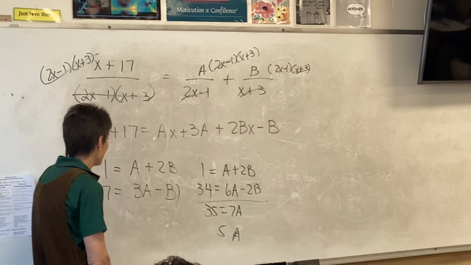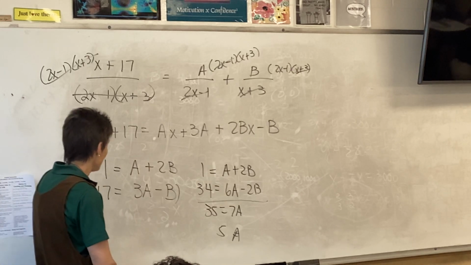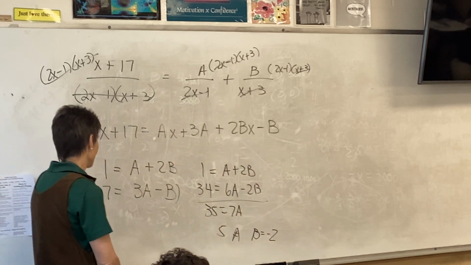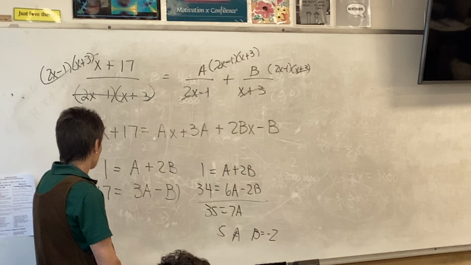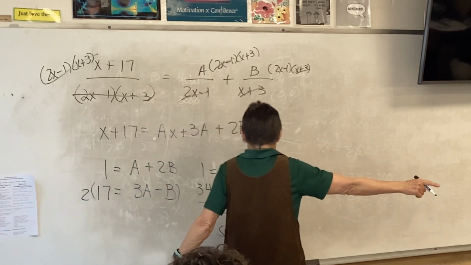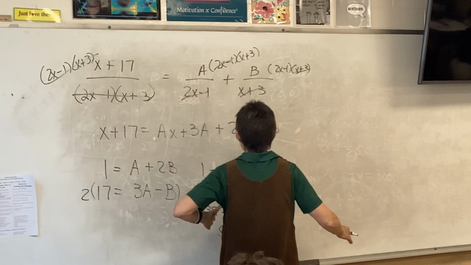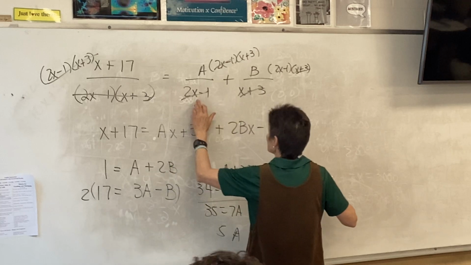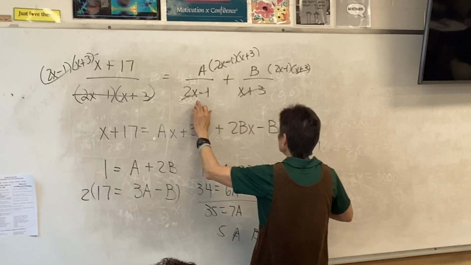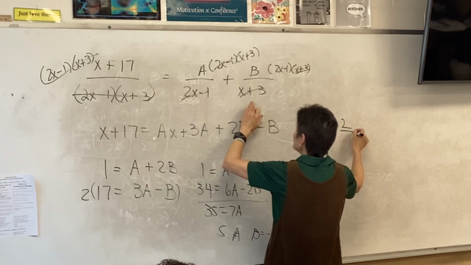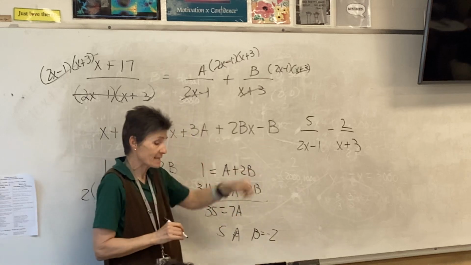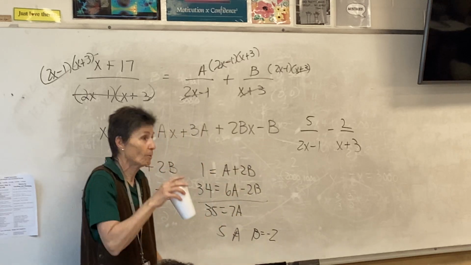And if my A is 5, my B is negative 2. So your answer is 5 over 2x minus 1 minus 2 over x plus 3. That's the answer to the question. Those are the partial fractions.